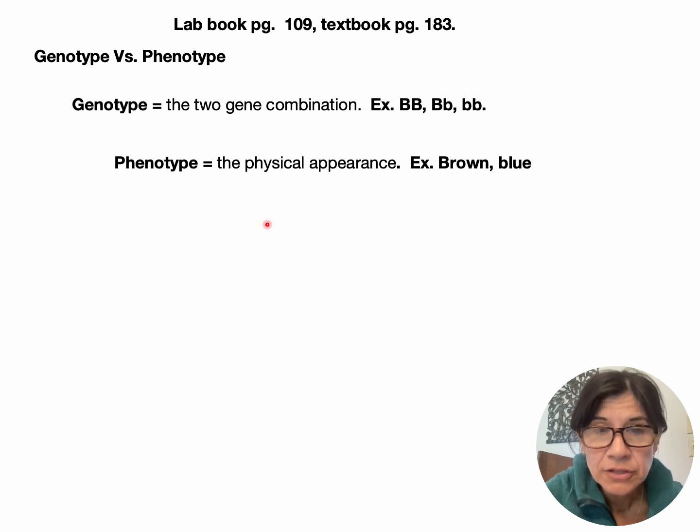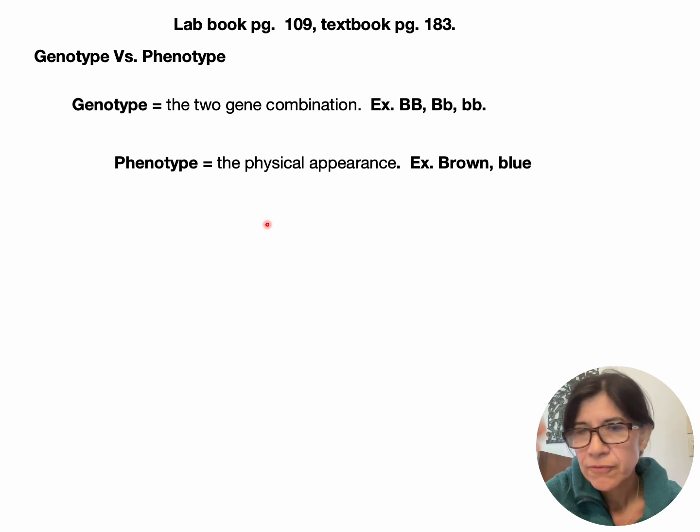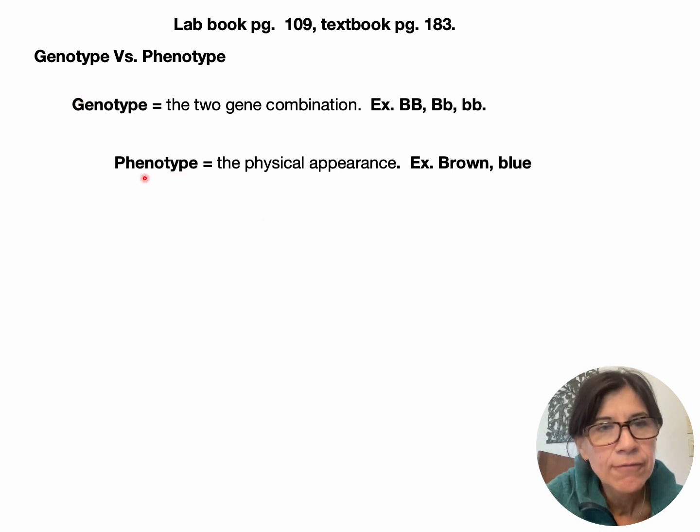Now the phenotype refers to what that genotype produces physically about your appearance. So think phenotype, physical appearance. And so unlike the genotype, where we had 3 possibilities, with the phenotype we only have 2. Because both big B, big B and big B, little b would produce a brown-eyed phenotype, physical characteristic.